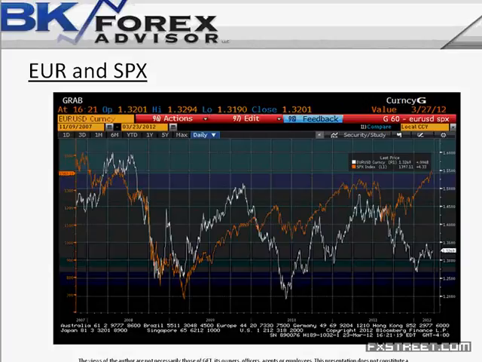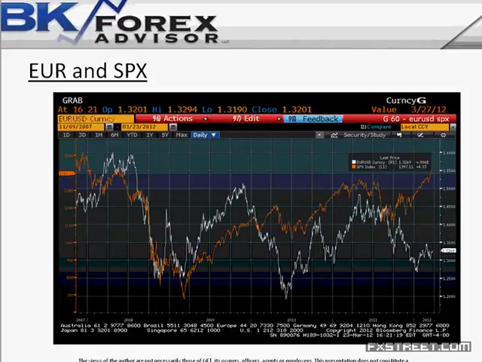And what I want to draw your attention to is that this chart here goes all the way back to 2007. And what you'll notice is that for the most part, the orange line and the white line pretty much move in a similar direction. But what we saw is that this year, there was a huge divergence between how the Eurodollar moves and how stocks move.